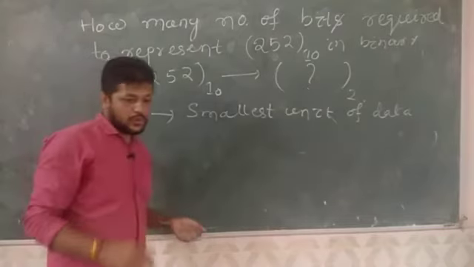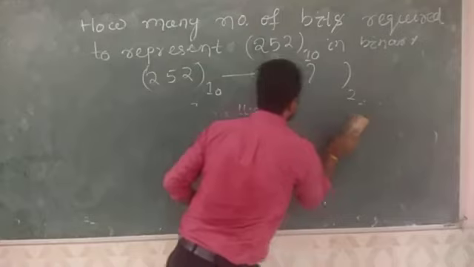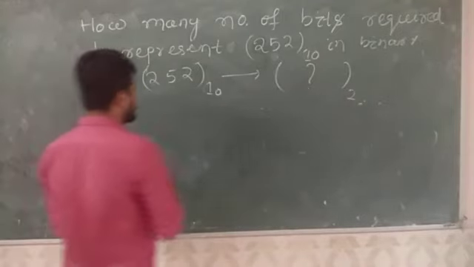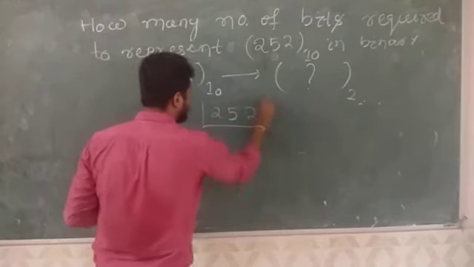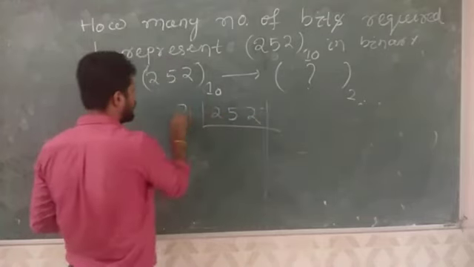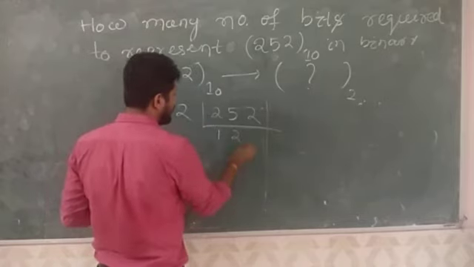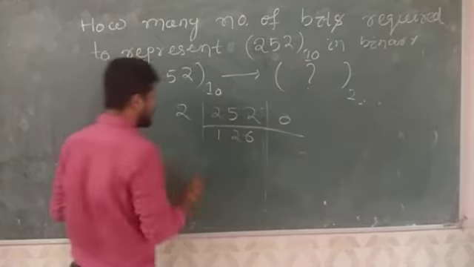So how to represent this 252? You know the procedure. First you write the number 252 and we want to convert it into binary. So divide it by 2: 126, that will leave the remainder 0.